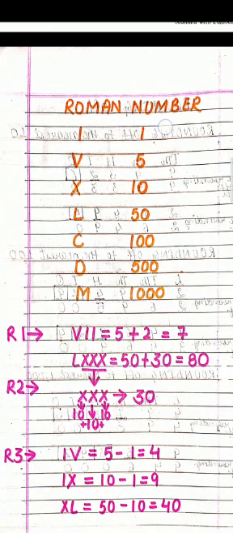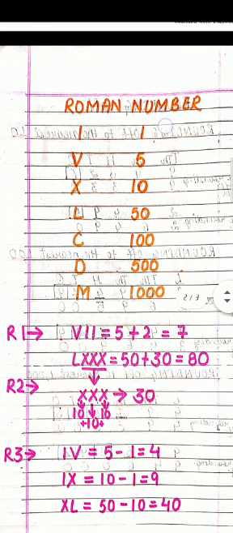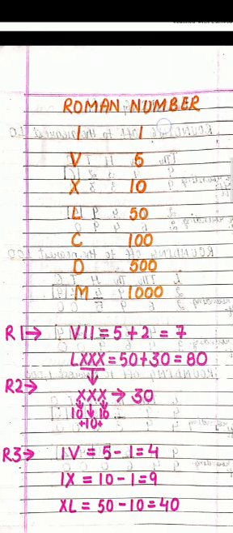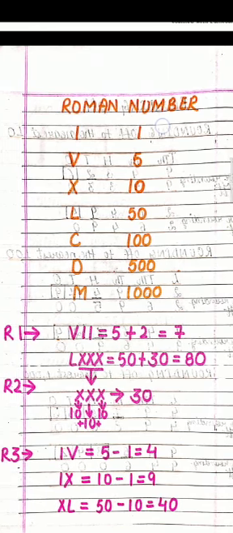The Romans used 7 letters, only 7 letters of English alphabets, to write the Roman numbers. The letters we use with the corresponding Hindu Arabic numbers.